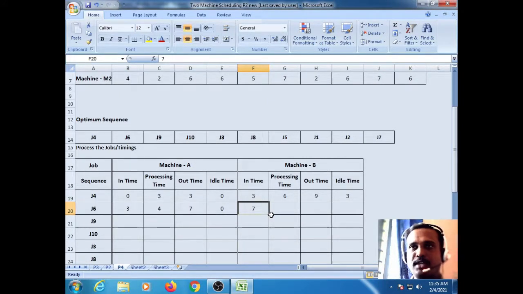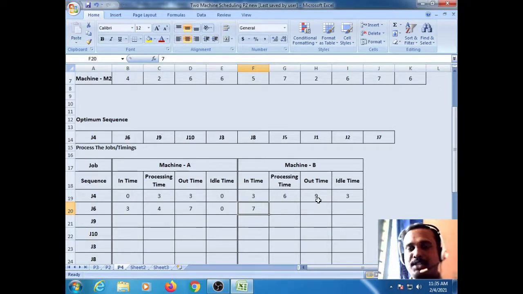So how we will check that? Here the previous job out time is 9th hour. So 9th hour, that means at the 7th hour the machine B is processing the previous job. It is still processing at 7th hour. When will machine B become free? At 9th hour it will become free.